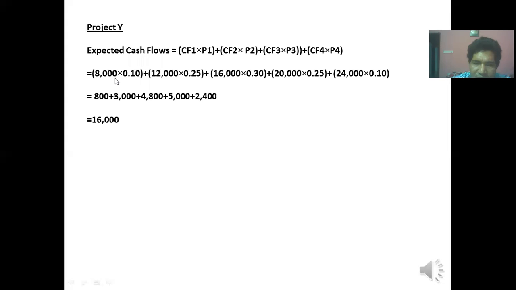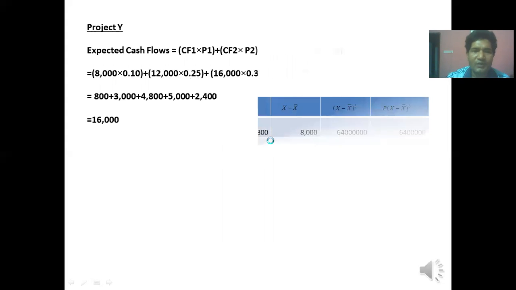In the same way, we will calculate for project Y. The estimated cash flows were 8,000, 12,000, 16,000, 20,000, and 24,000. Here are the probabilities, and the expected cash flow is 16,000 also.